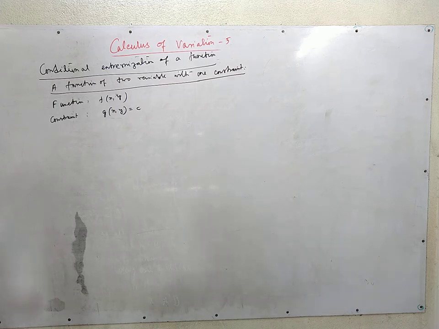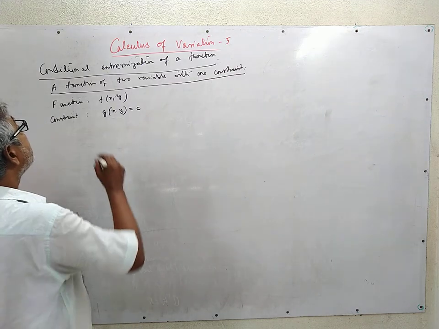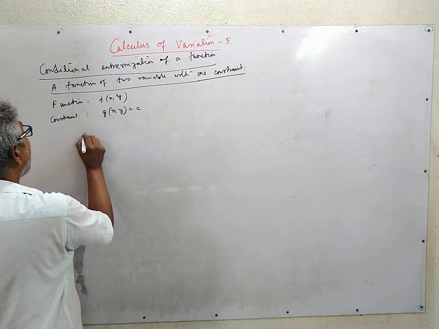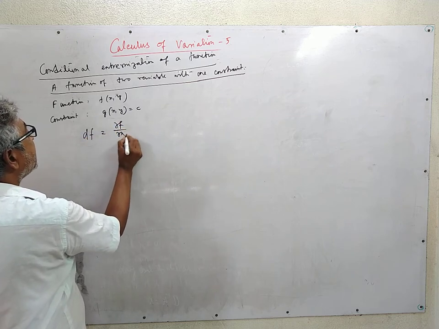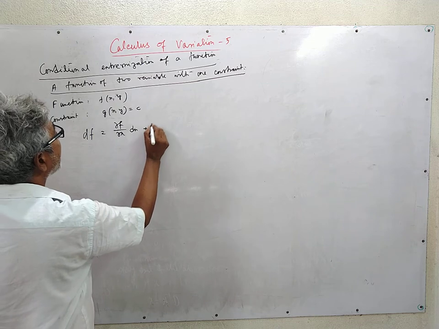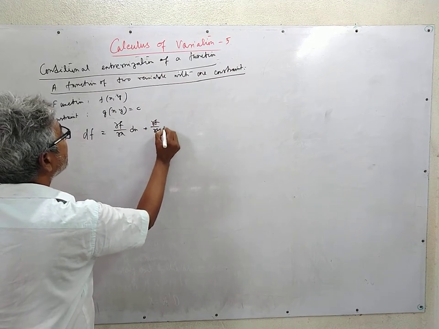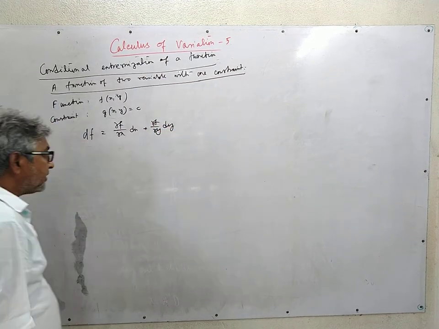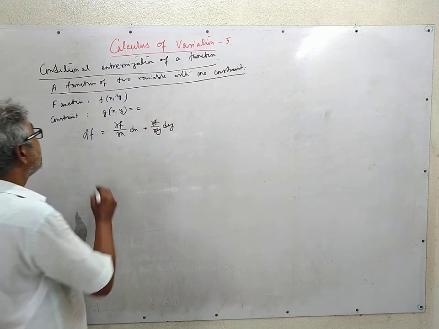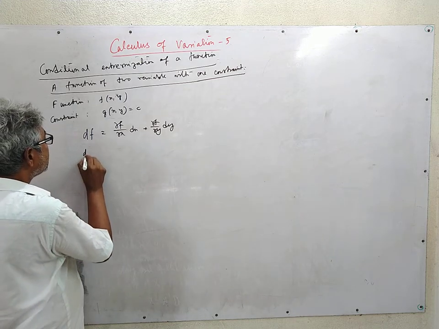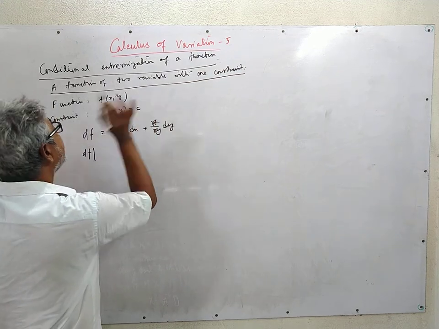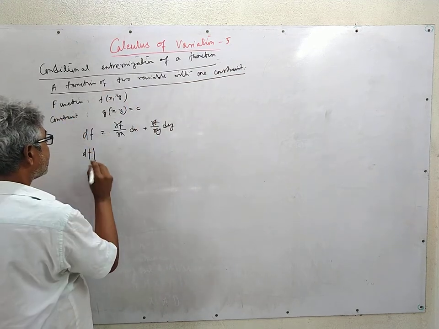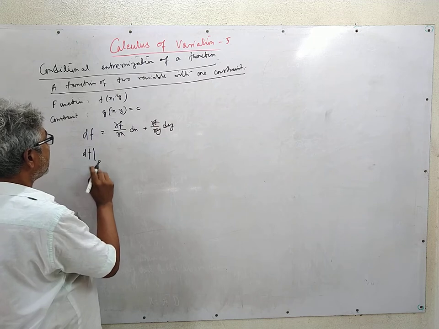So for the extremum value, we write df is equal to del f del x dx plus del f del y dy. At the stationary point, this is 0. So this is df at the stationary point. The stationary point will be represented by x0, y0, which is denoted by this.